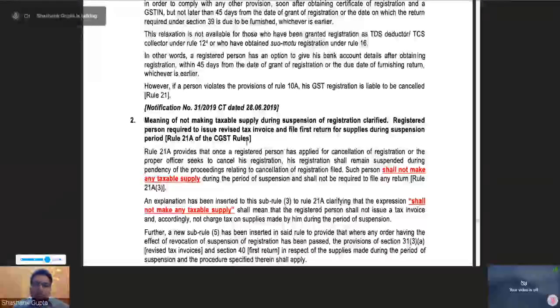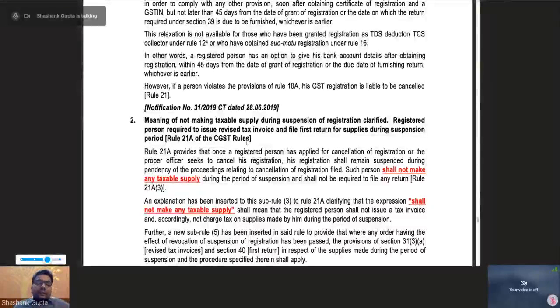So it was clarified, no, that is not the intention. The only intention is you can very well continue to do business, but if you have applied for cancellation of registration, please do not issue any taxable invoice, do not avail any input tax credit, but otherwise you can continue to do your business.